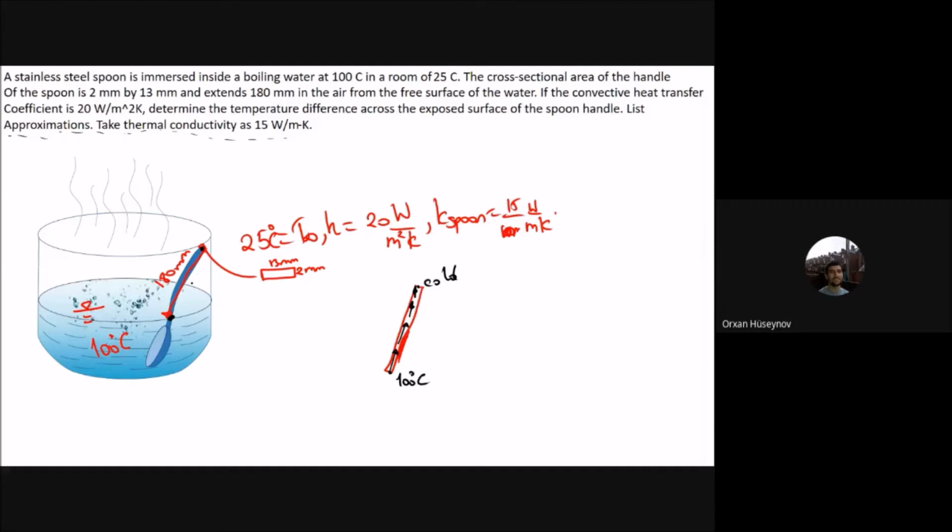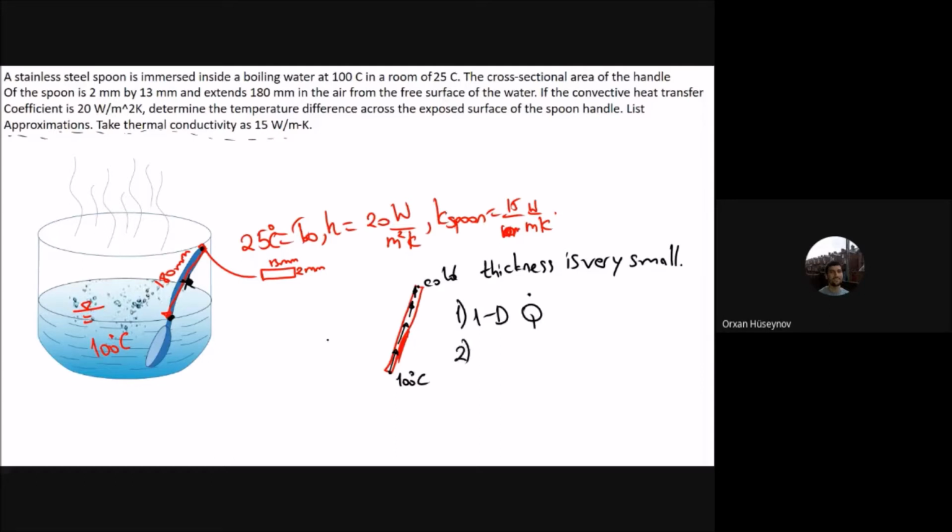So there is no heat transfer in this direction. This part is ignored. Why? Because the thickness of the spoon is very small. If it is very small, there cannot be any transverse heat conduction. This is the first approximation: 1D heat transfer.